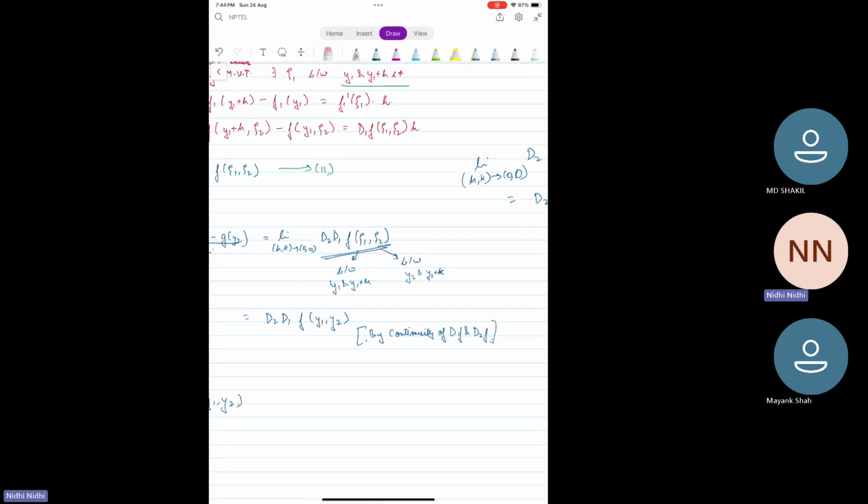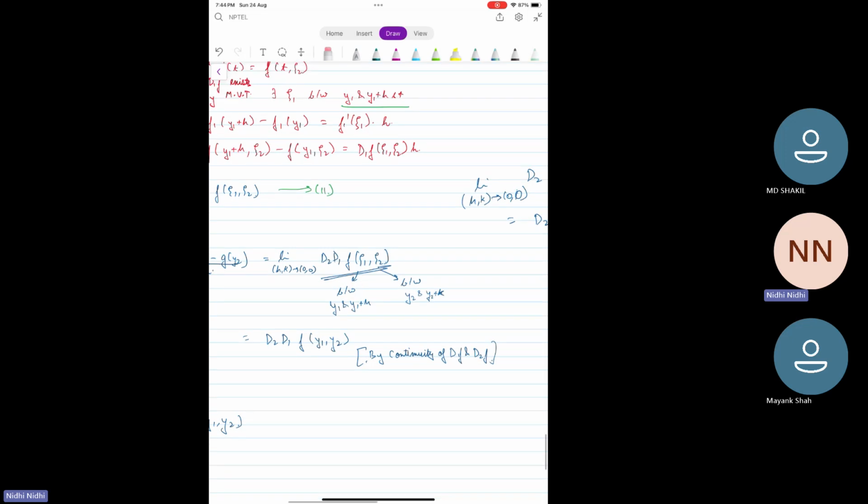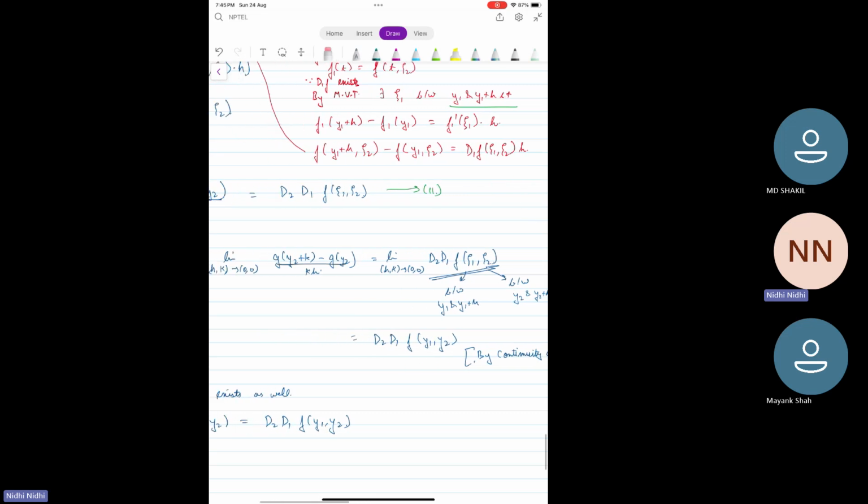So here, all the partial derivatives are continuous. Basically, we cannot take this limit inside directly. We know that zeta 1 goes to y1 as h tends to 0, but we have f of zeta 1, zeta 2, and outside that we have the operator d1 as well. So for that, we need the continuity of the partial derivatives.